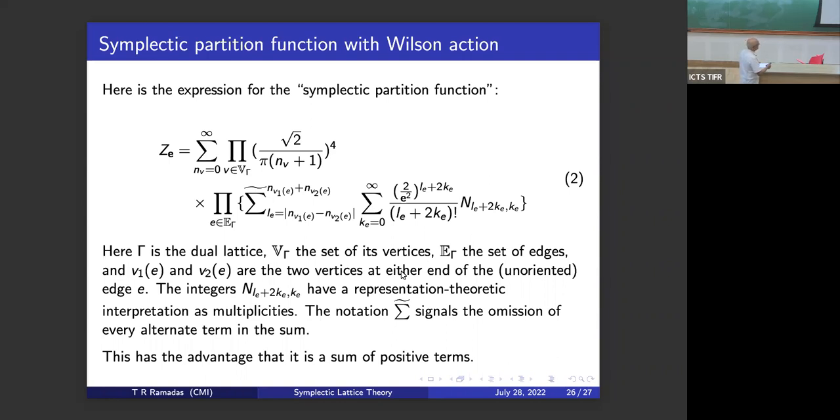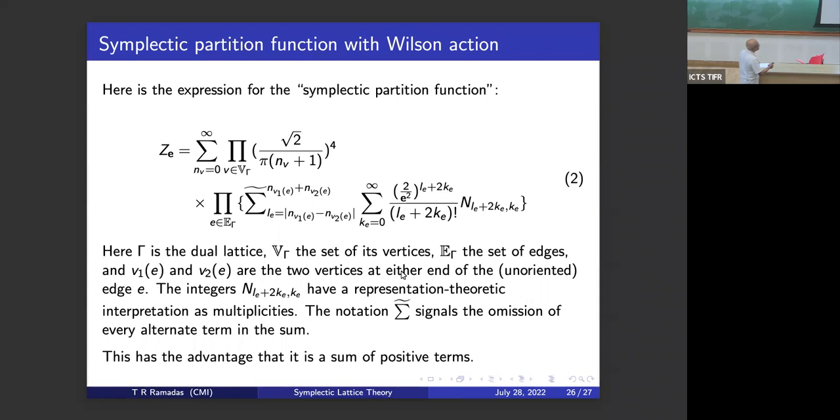At each of those vertices, my configuration has an integer nv1 and nv2. This sum runs over the absolute value of the difference of these integers at the two ends up to their sum, and the tilde means that you omit every alternate term in the sum.